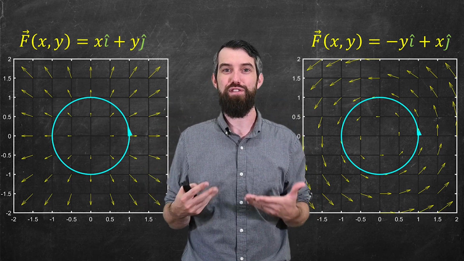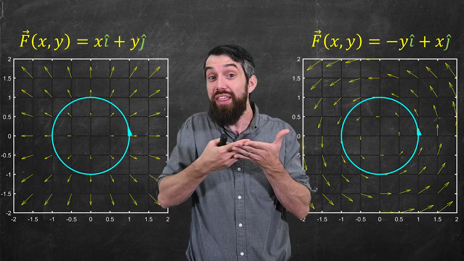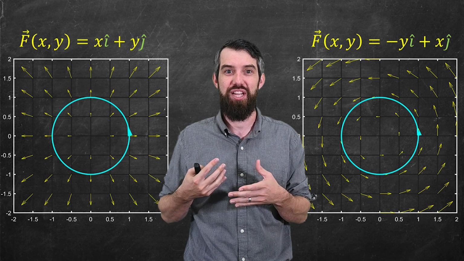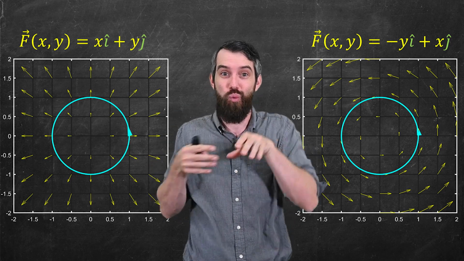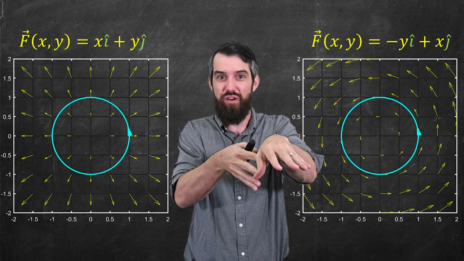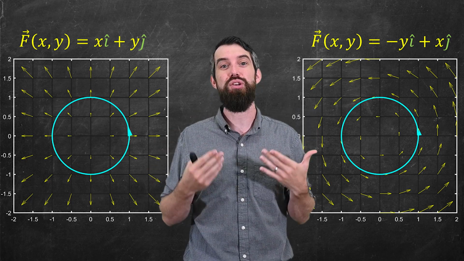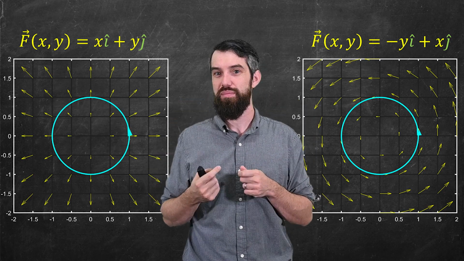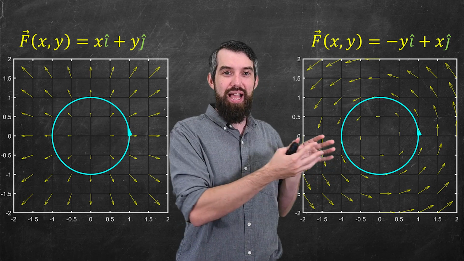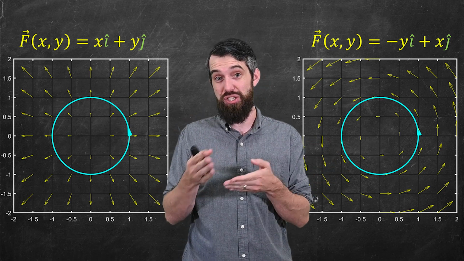So if you're thinking about what the flow does, flow is a measure of the degree to which you go along with the vector field. It's the degree to which, if you're in a canoe, you don't have to paddle because you're just flowing along the river with the velocity flow of the river. Well, in this case, since everything's normal, that never happens, and so there is no flow or no circulation around the entire curve. In contrast with this case, at every point, the velocity field is tangential to the curve.